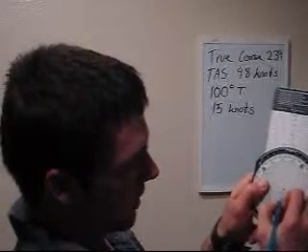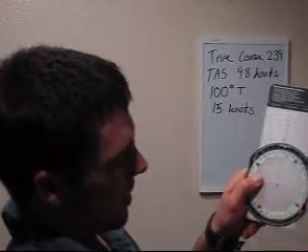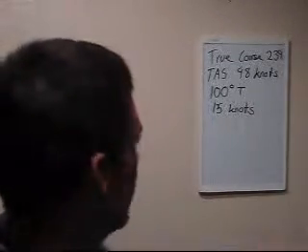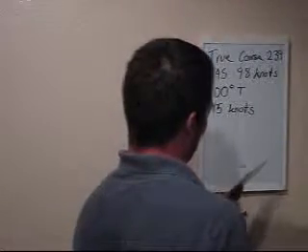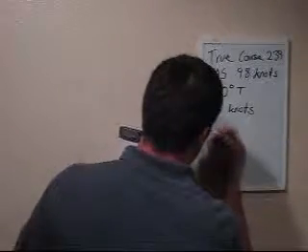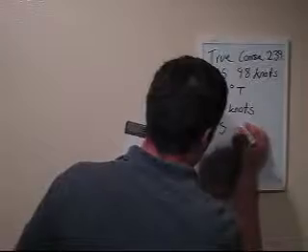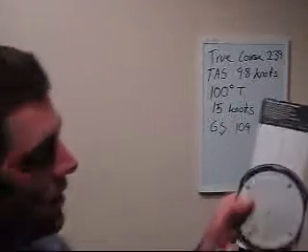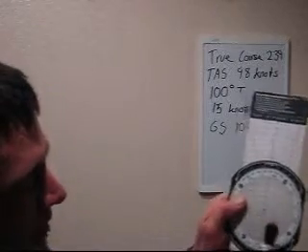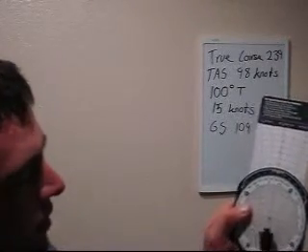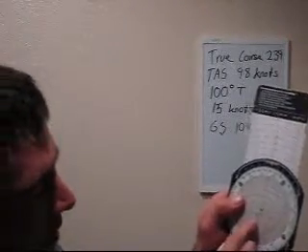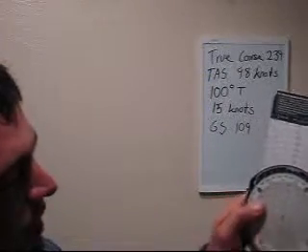It looks like we have a ground speed of about 109 knots, and we have a wind correction angle of about 5 degrees to the left.